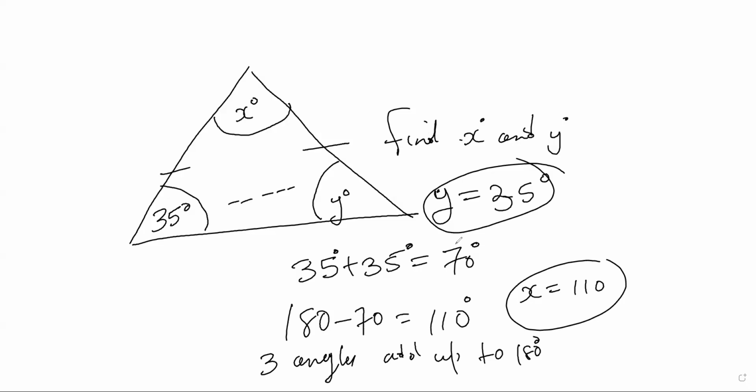Kira, you're saying that y is 35 and x is 110? Yes, sir. All right, class, do you agree? Yes, sir. Sir, may I explain the why? The reason why I said this is an isosceles triangle is because the two base angles would be equal.